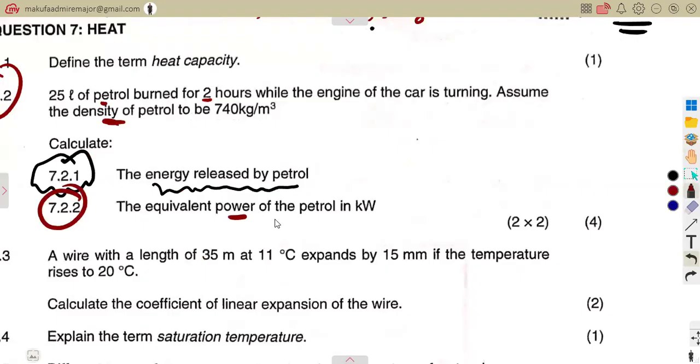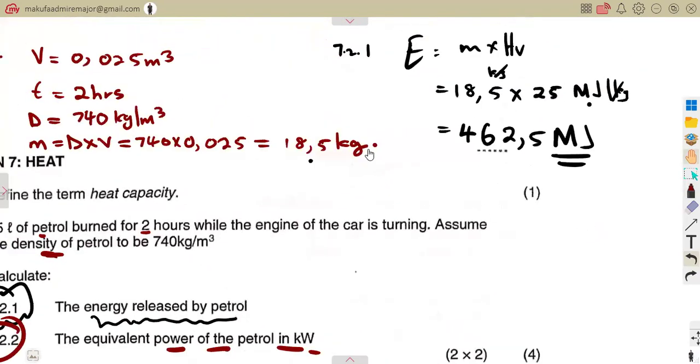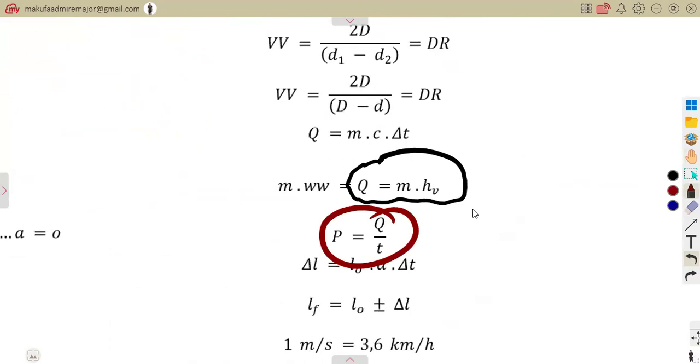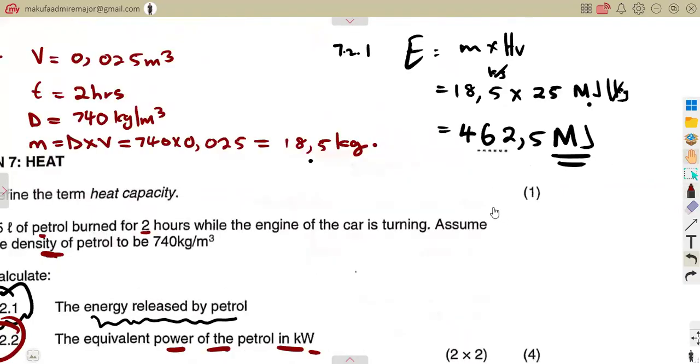The equivalent power of the petrol in kilowatts, the equivalent power. So power is Q over T, and from this energy that we calculated, power can be calculated. So guys, you have got your formulas, everything. Just know how to use your formulas. Since you've got the time there, you can use this formula. So that's 7.22, power being equal to Q over T. So that is our energy and the time in seconds, so that we obtain joules per second, which is power.